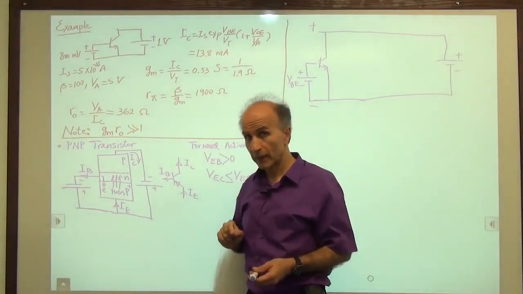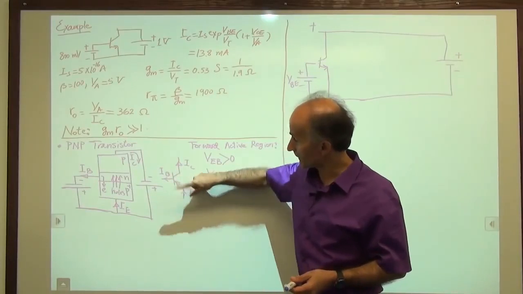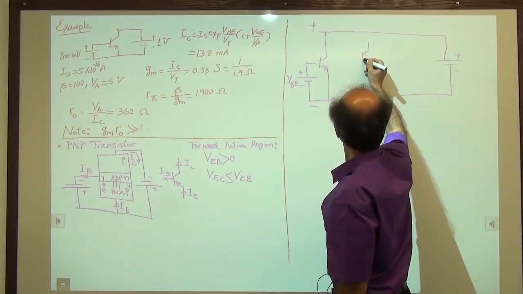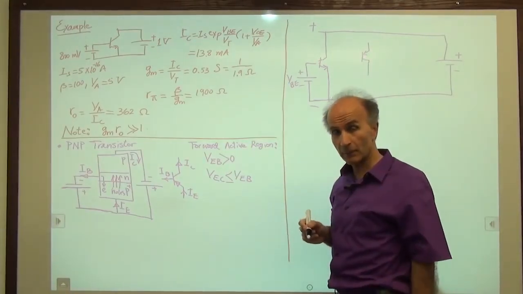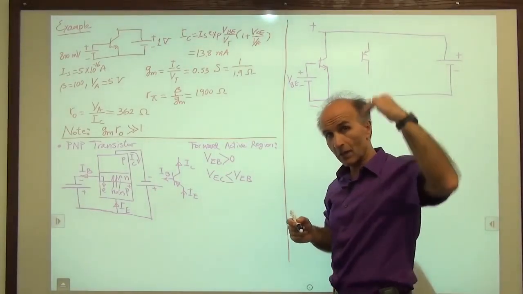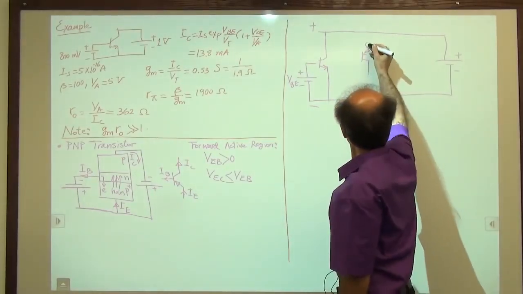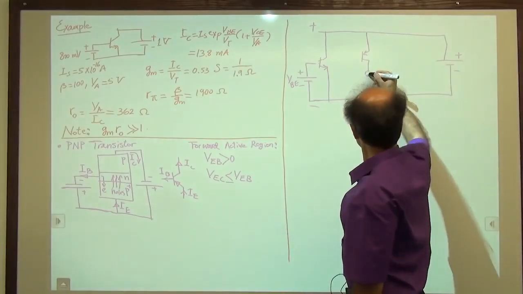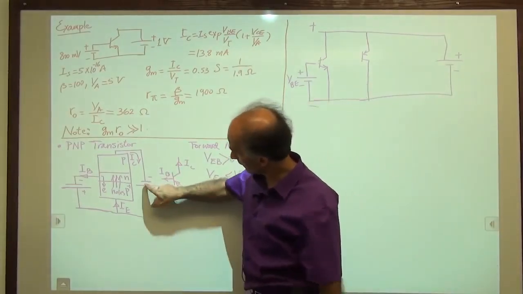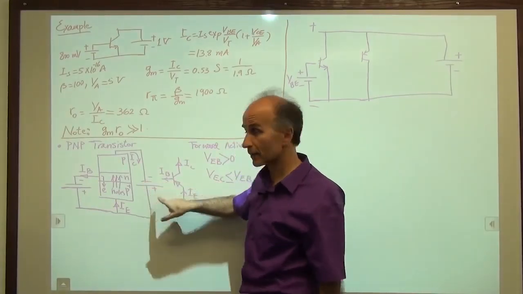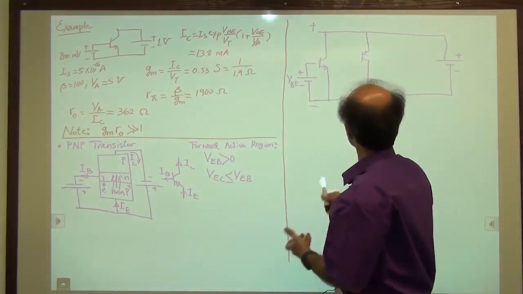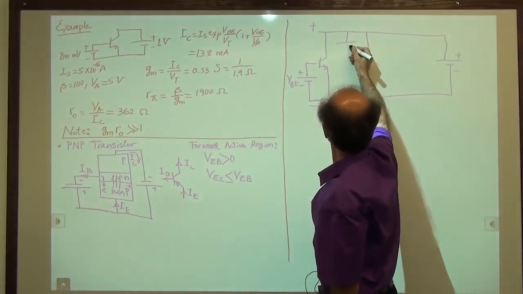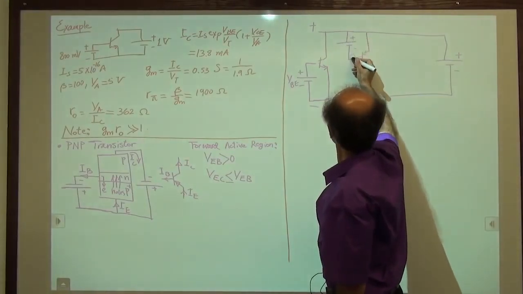So what we will do is we will draw this device upside down, just for convenience, because we know that the emitter has to be connected to a positive voltage. So we connect this here, and then the collector, well, it has to be at a lower potential. So the collector goes here. And then we have to bias the base. So maybe I can connect a battery like so. Plus, minus.